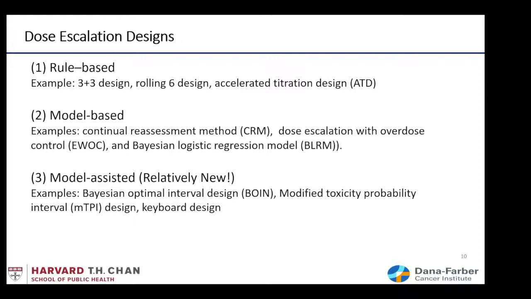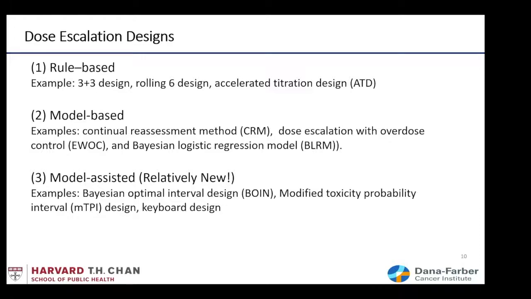The first is rule-based designs, which we are most familiar with: the 3+3 design, rolling 6 design, and accelerated titration design. The second class is model-based designs, which covers the continual reassessment method and logistic regression models. It's all pretty much based on the continual reassessment method using parametric models.